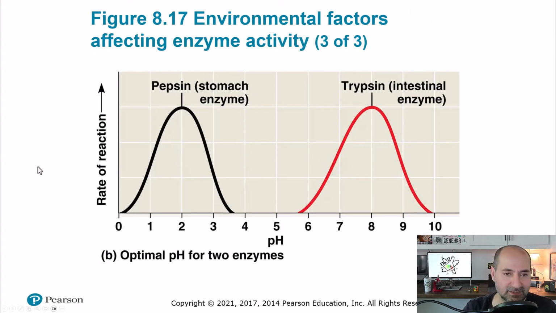Look at this: your stomach enzyme pepsin works best at pH 2 because your stomach is at pH 2, whereas your intestinal enzyme trypsin, another digestive enzyme, works best at pH 8. So we can't say that all enzymes function best at the same pH, and we can't say that all enzymes function best at the same temperature.